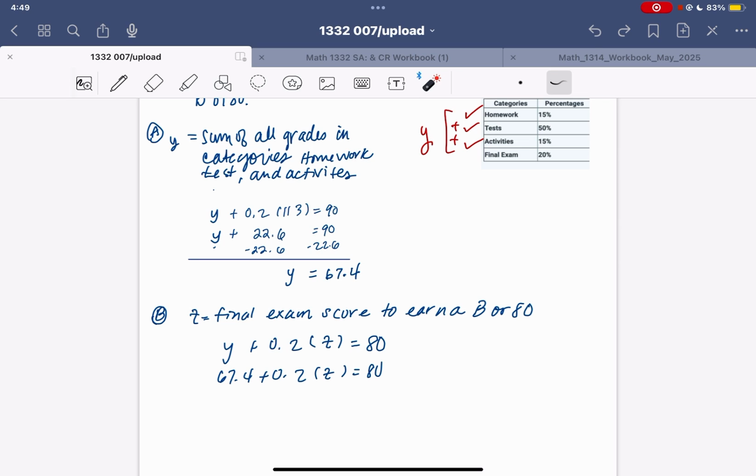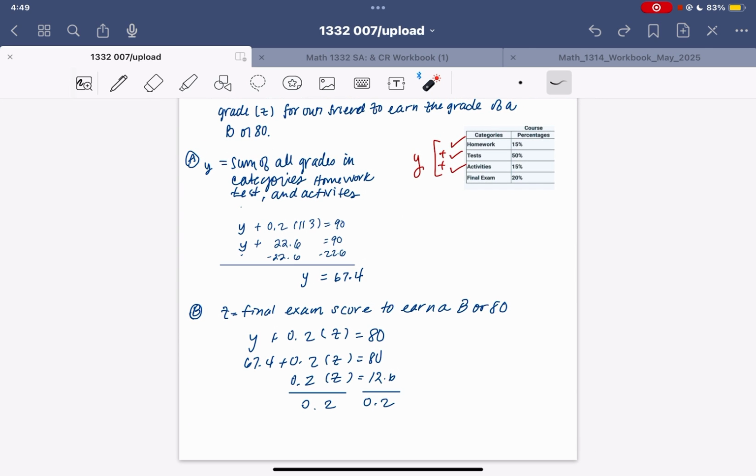Since we already know what Y is, we substitute 67.4 back into the equation and solve for Z. After we subtract 67.4, we're left with 12.6. Now we divide both sides by 0.2, and we have Z equals 63.